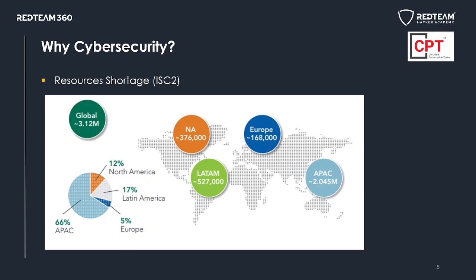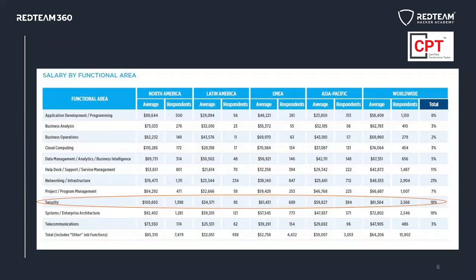And there is a lot of demand for cybersecurity professionals all over the world now. You can see that globally around 3 million cybersecurity professionals are required, and we have only half the resources available. And if you look at the remuneration of cybersecurity professionals from this table, you can see that security professionals on average draw more salary than other IT professionals.